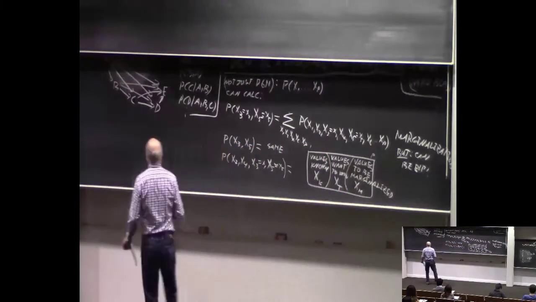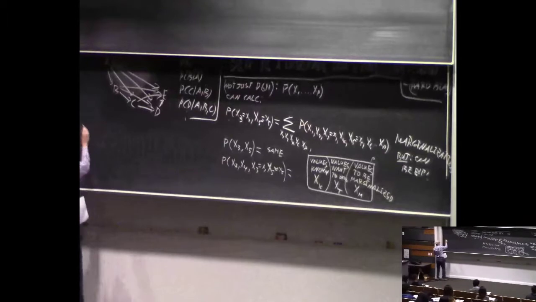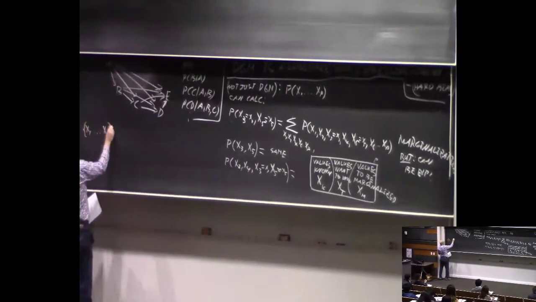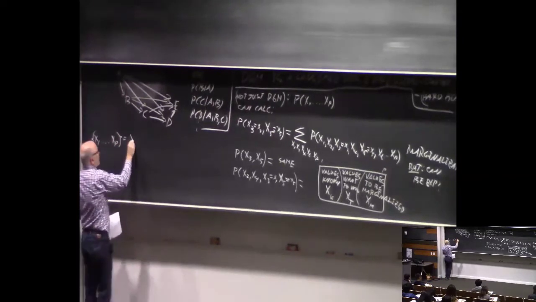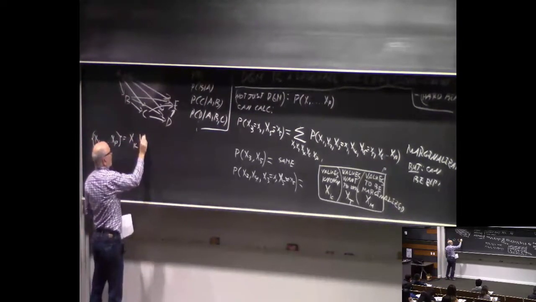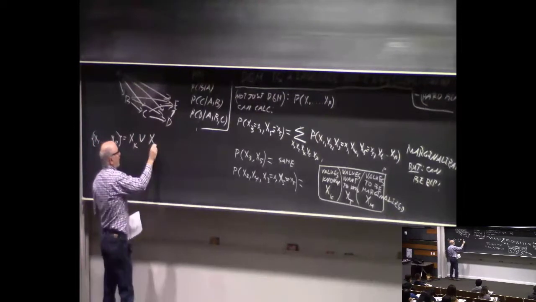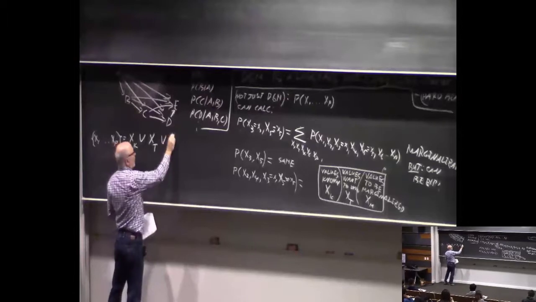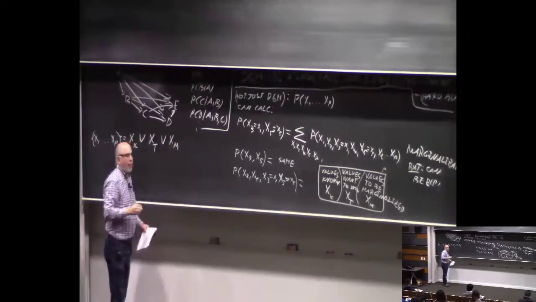So the full set of x1 through xp is broken down into 3 sets: x known, x want to be known or want to know something about, and this is x to be marginalized over.